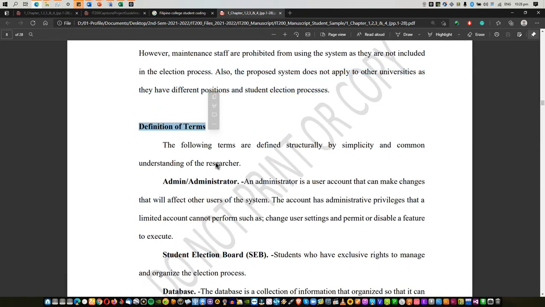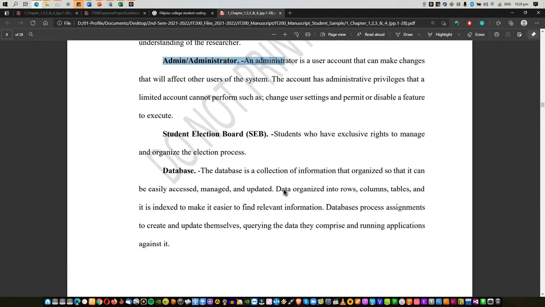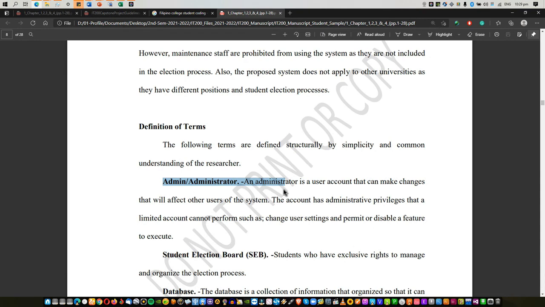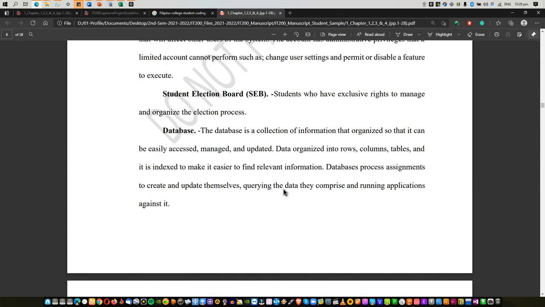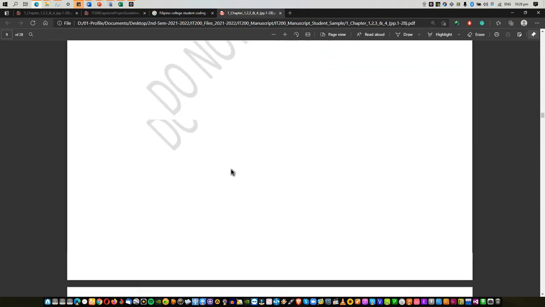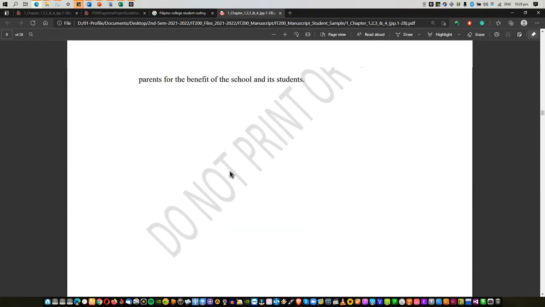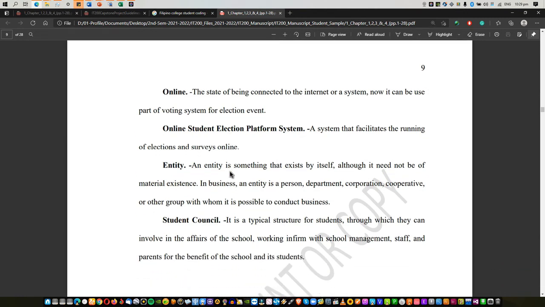Especially during the discussion of your conceptual framework, list down the terms or acronyms that you define and use in your conceptual framework, or discuss in the nature and background of the study. The technical terms you discussed, you can add here in the definition of terms. So that's it for the introduction.